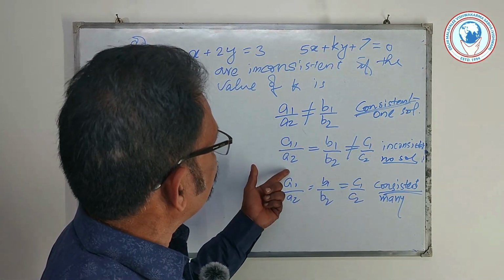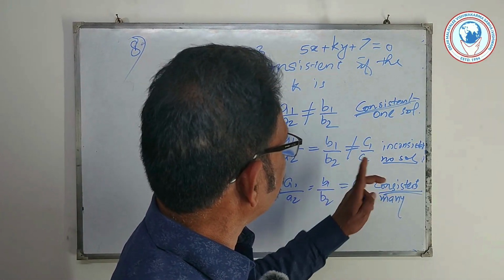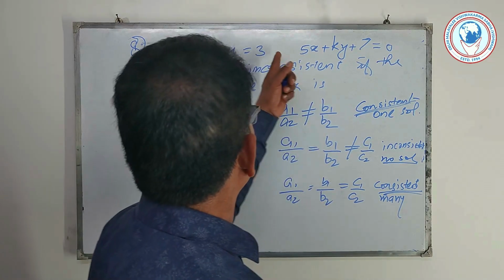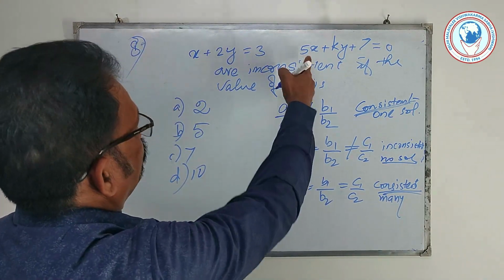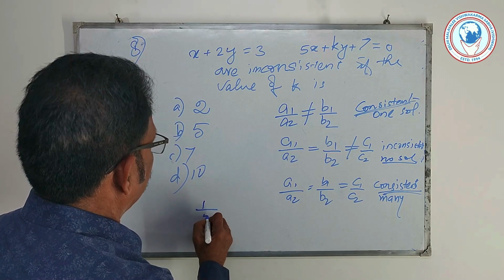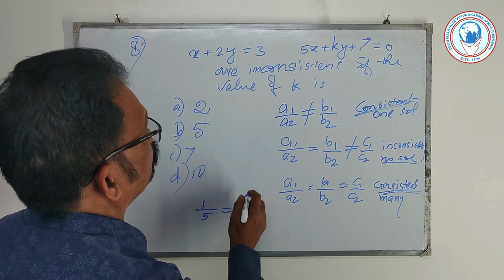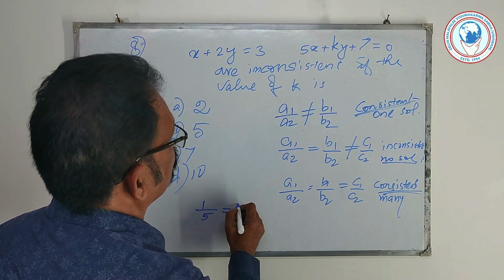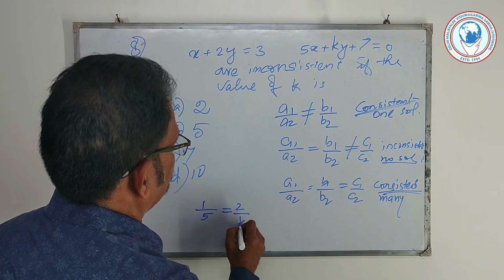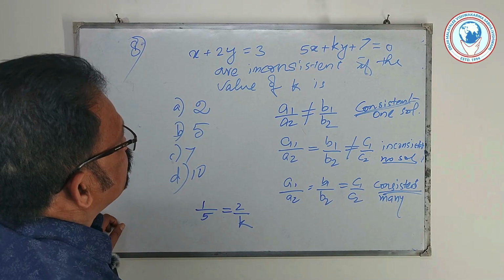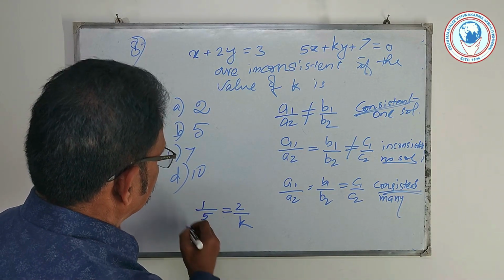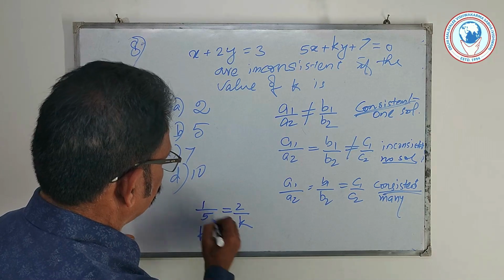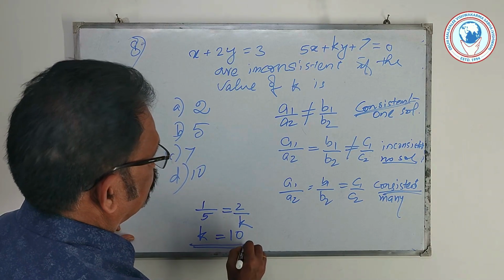So we want a1 by a2 equal to b1 by b2 but not equal to c1 by c2. So here a1 by a2 means 1 by 5 equal to b1 by b2 means 2 by k. So k is equal to, cross multiplying, 10.